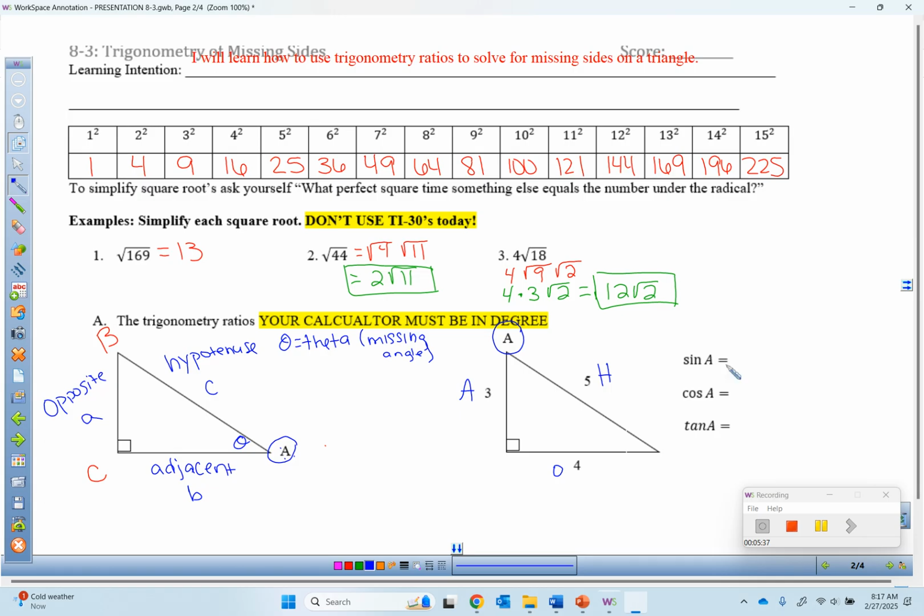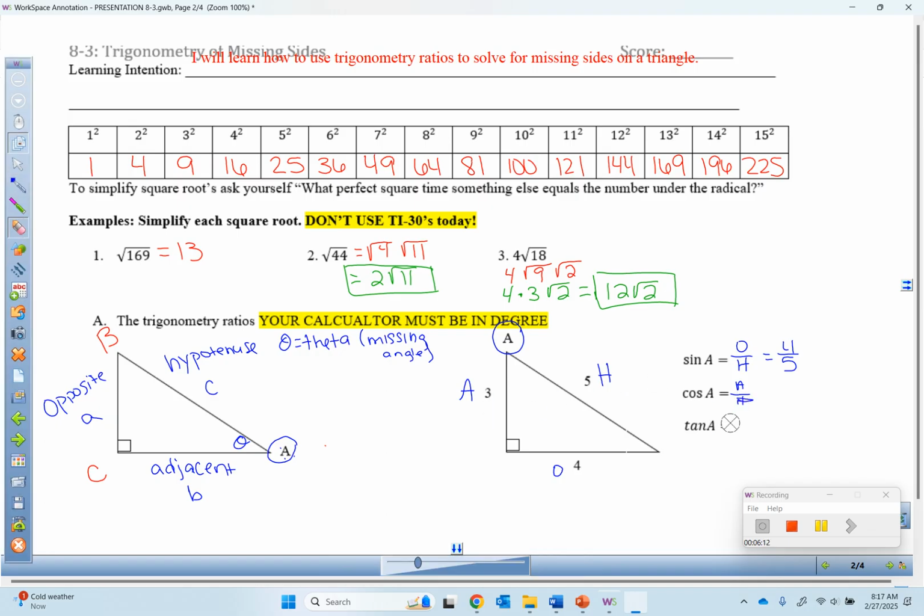So the sine of A is going to be opposite over hypotenuse, which is 4 over 5. And my cosine of A is going to be adjacent over hypotenuse.